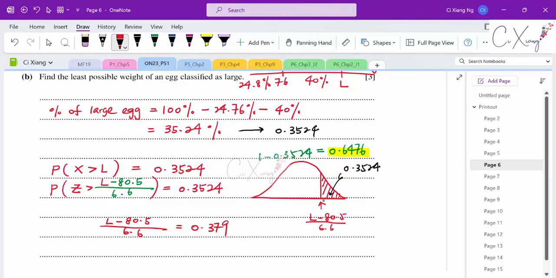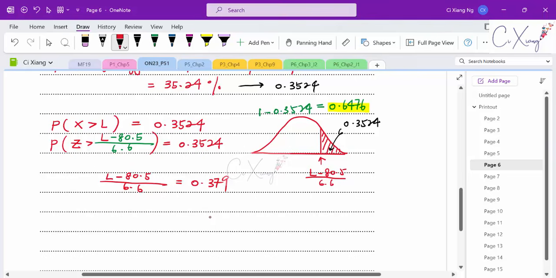My Z is on the right-hand side of the graph, not on the left. Right-hand side means it is a positive value, therefore this value should be positive 0.379. If your Z is on the left side, then the value you take from the table, you have to put a negative in front. For our case, the graph is on the right, so I just keep it as a positive value.